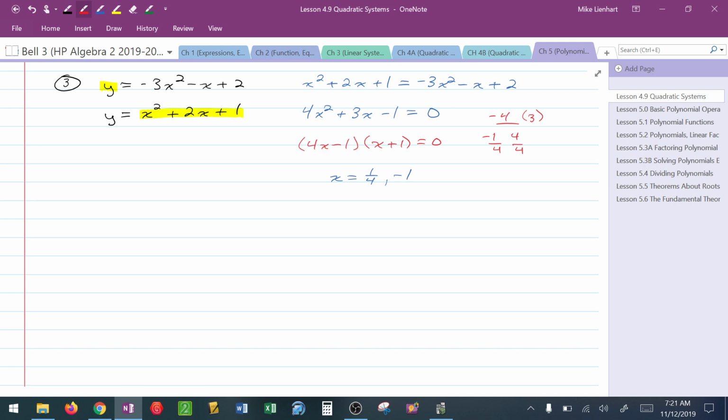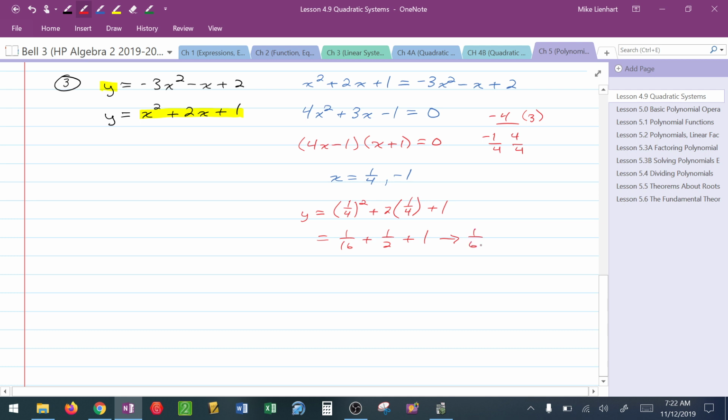All right. So I'm going to start with the 1/4. I'm going to choose to plug it into the second equation. So I have y equals 1/4 squared plus 2 times a fourth plus 1. All right, let's clean this up a little bit. This would be 1/16. Let's see, that would be 2 times a fourth. That's 1/2 plus 1. Now I'm going to rewrite this so that everything has common denominators.